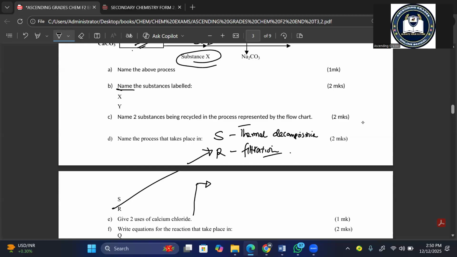It is used in extraction of sodium metal. From Form 1, it is used as a drying agent.